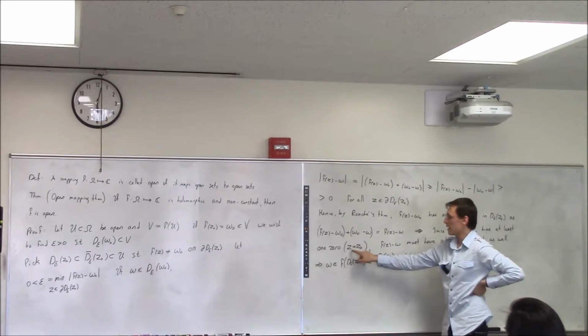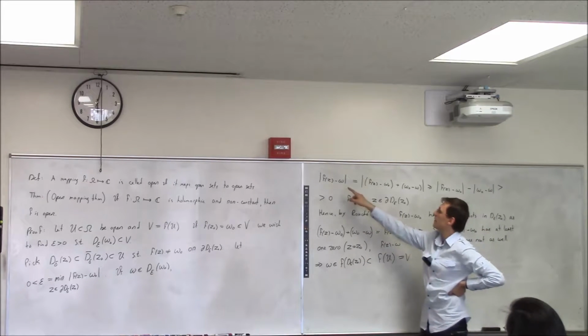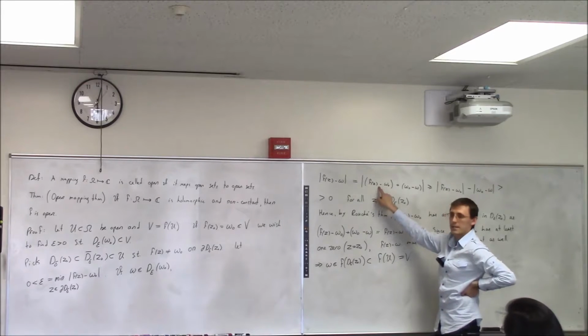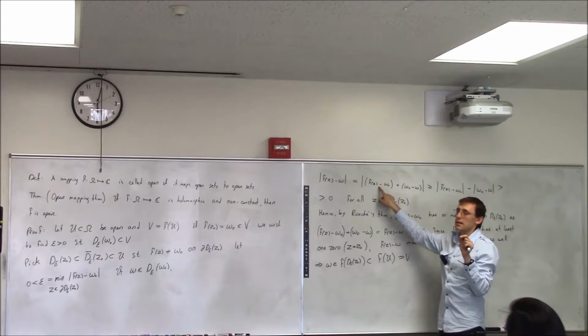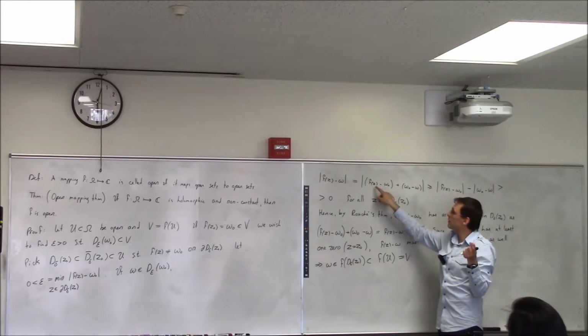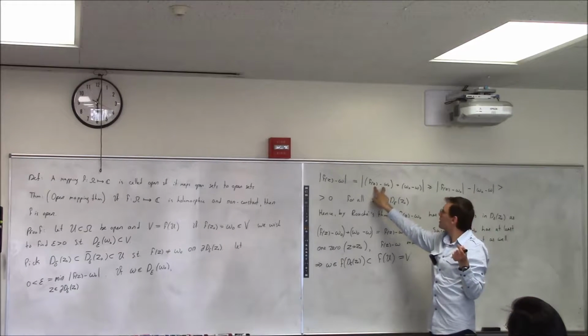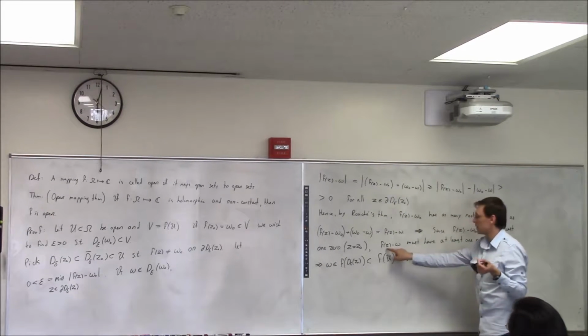So let's say that if I analyze the function f of z minus w0, I see that I can factor z minus z0 squared from this function, right? So what does it imply about f of z minus w?